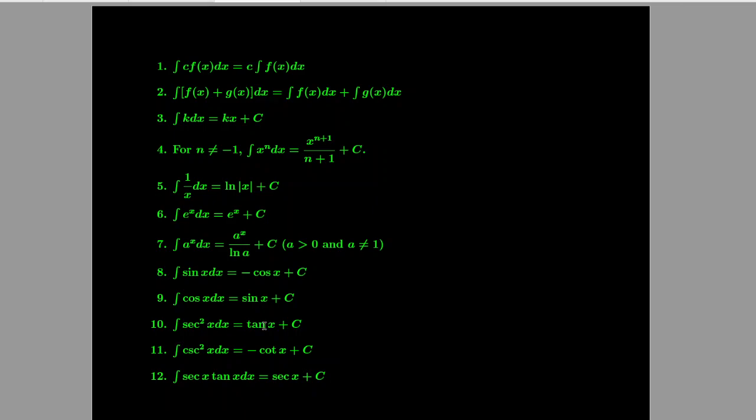You know that, it's tan of x, right? Because the derivative of tan of x is secant squared of x. That's why tan of x is an antiderivative of secant squared of x. Get a particular antiderivative, and then you plus c, the arbitrary constant, and then you're done, right?